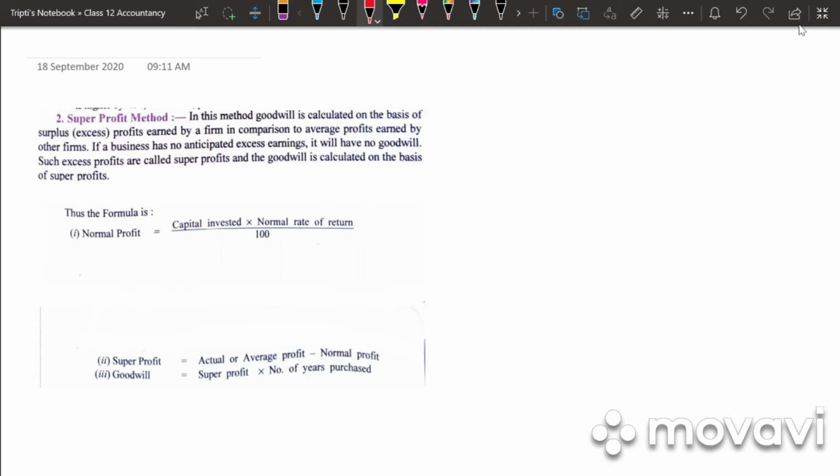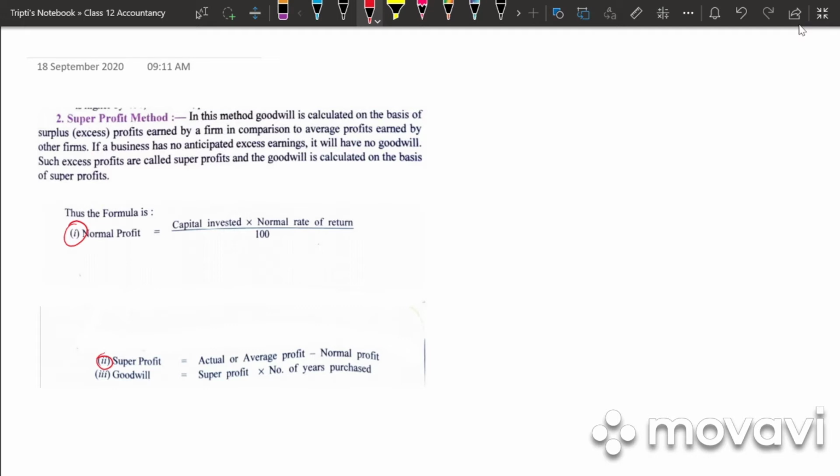Next line. Thus the formula is, write down first one, normal profit is equal to capital invested into normal rate of return divided by 100.